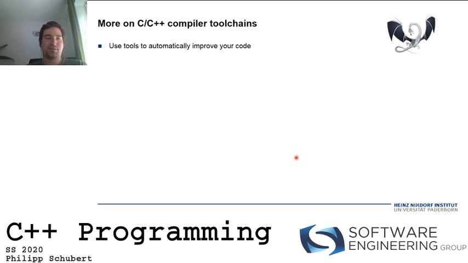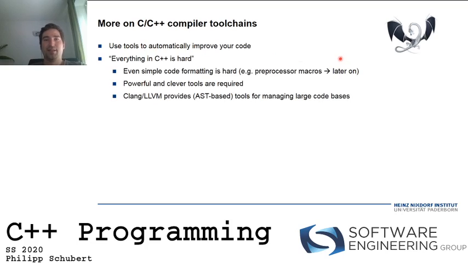But there are more tools, especially the Clang LLVM compiler infrastructure. The LLVM C++ toolchain provides additional useful tools, which can be used to automatically improve your code, which is obviously quite handy. Unfortunately, everything in C++ is hard. Usually that's unfortunately true.